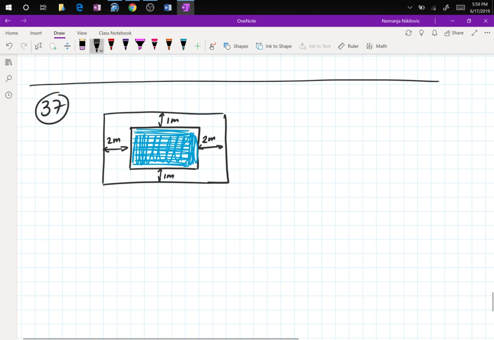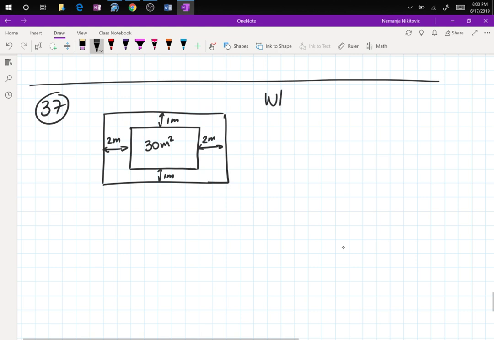Now the constraint is that, I'm going to get rid of the water now. The constraint is that this is 30 meters squared. So the pool is to have 30 meters squared surrounded by the border, which is for us going to be the concrete. What dimensions of the pool would minimize the combined area?